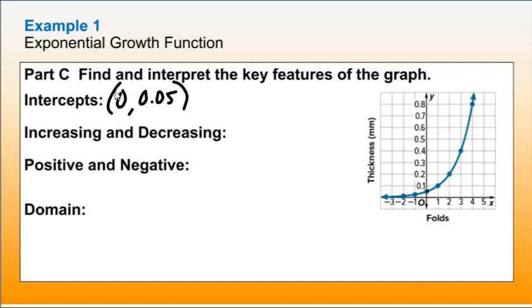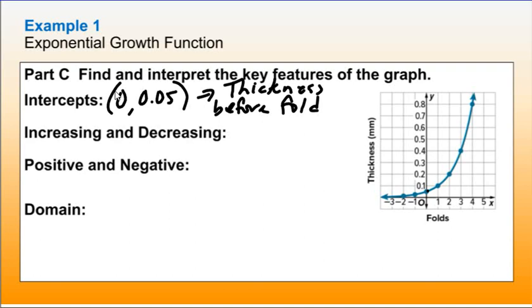And what does that mean? That means that the thickness of the paper before it's been folded is 0.05. So this is the thickness before the fold.